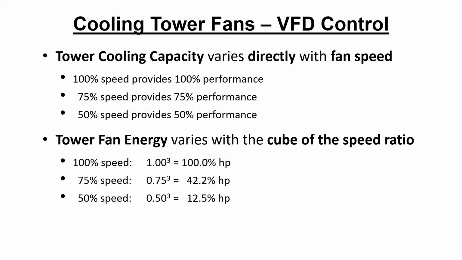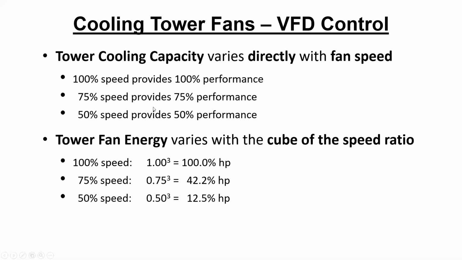Same thing we talked about, the fan affinity laws, of course applies here on the fan of the cooling towers. Cooling tower capacity varies directly with the fan speed. So 100% speed, 100% performance. 75% speed provides 75% capacity. So they're related directly.